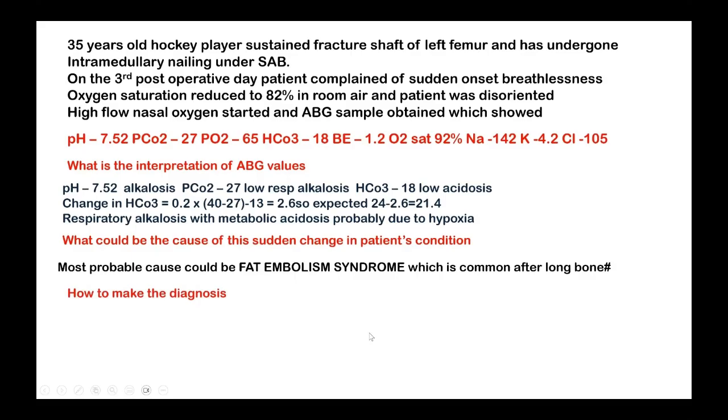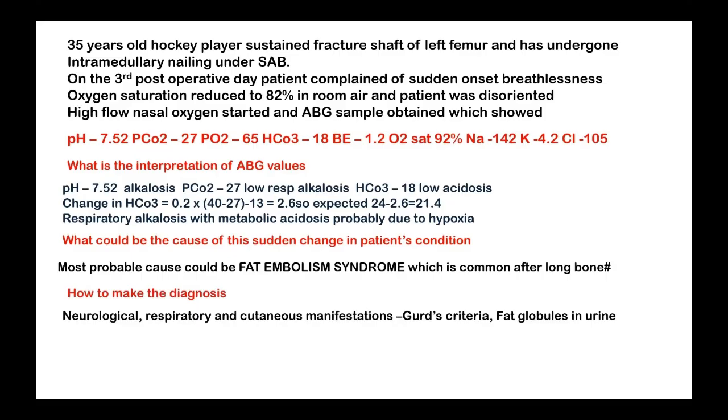CNS manifestation, petechiae, and respiratory manifestation. That's Gurd's criteria. Neurological, the patient is disoriented. Respiratory, the patient is tachypneic. And cutaneous manifestations like petechial hemorrhages. If you look for that, it may be present. And fat globules in the urine also can be diagnostic.